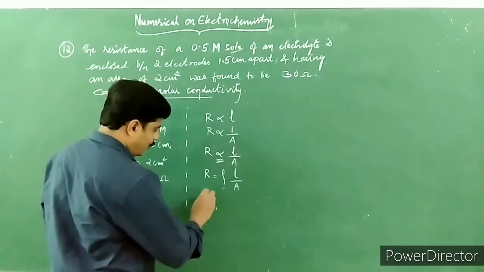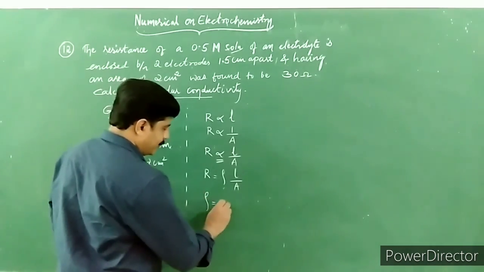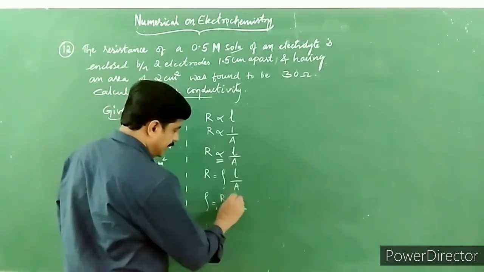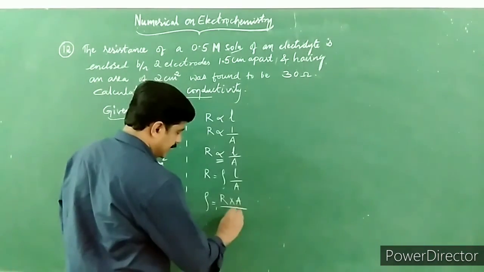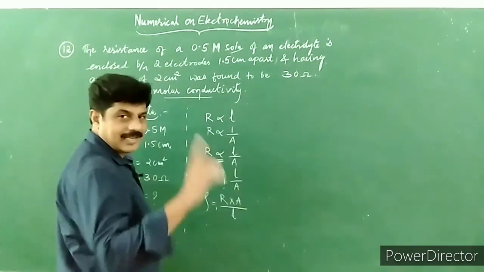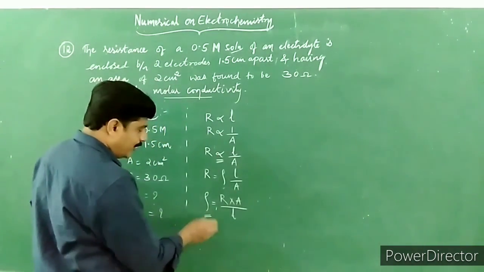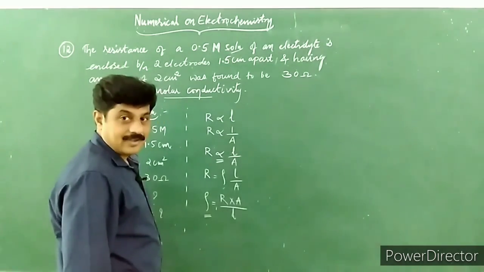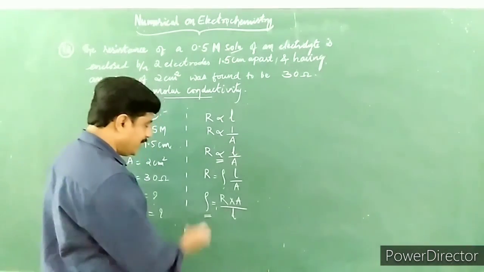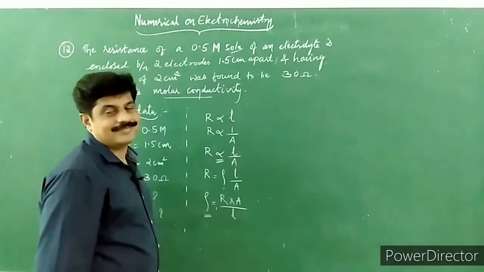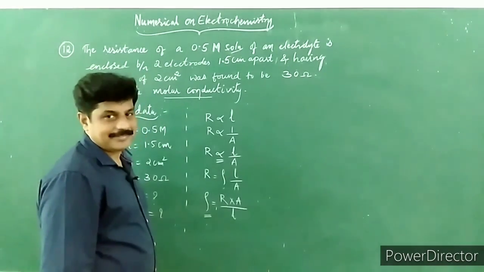Now rho is equal to R into A upon L. Children, remember, rho is nothing but resistivity or specific resistance, which is the inverse of conductivity.